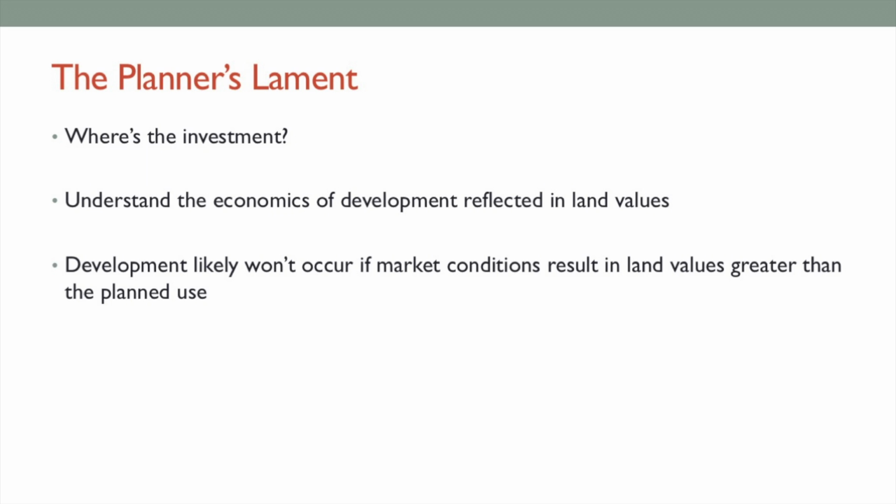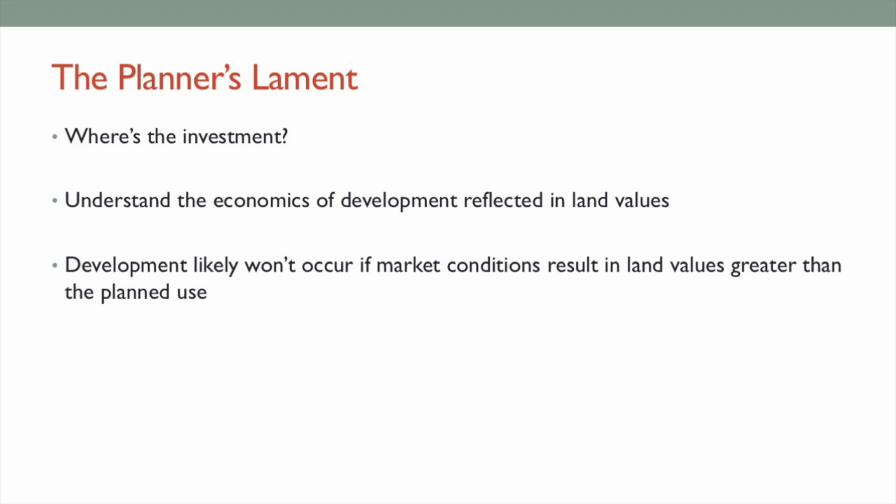So this leads me to the planner's lament. I'm hearing this more as I've been presenting this material to planners: we make these great plans, we think developers are going to flock to the site, it's a great opportunity, so why aren't they investing? What's going on? Well, it's an issue of land values.